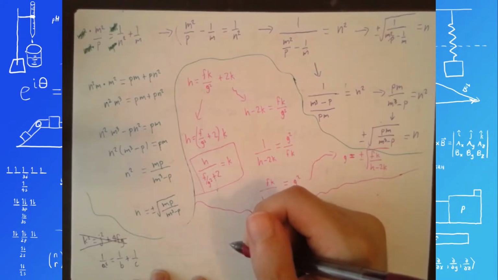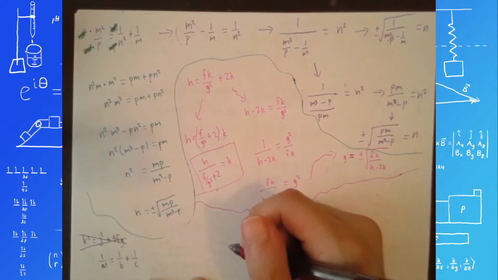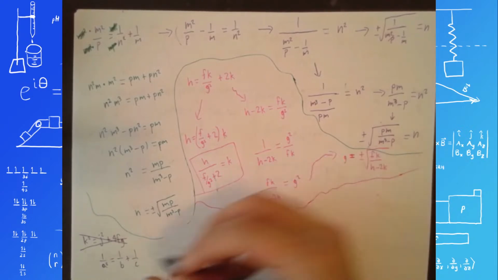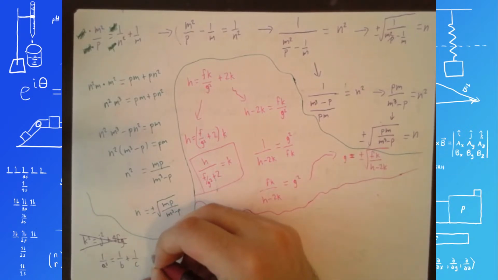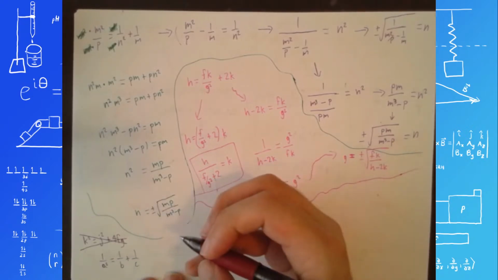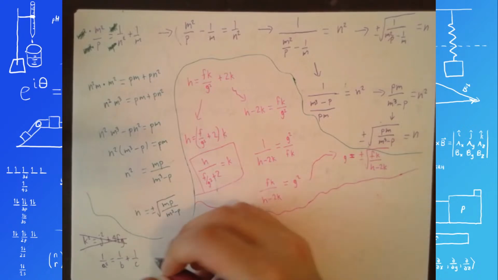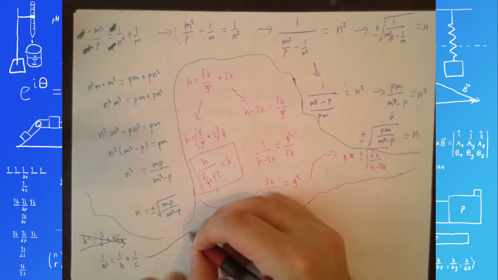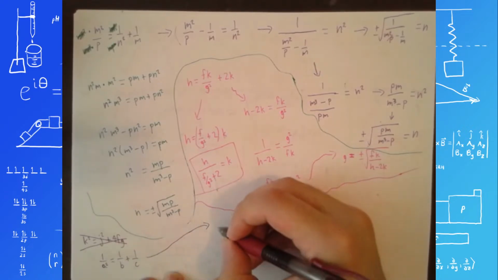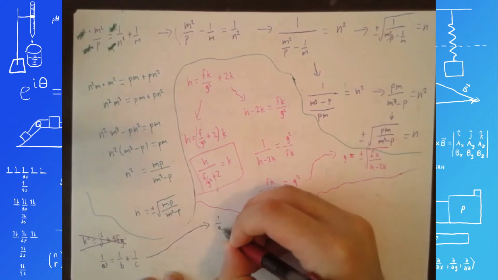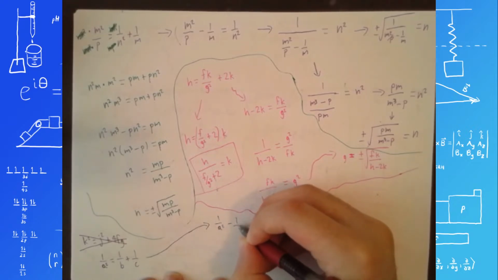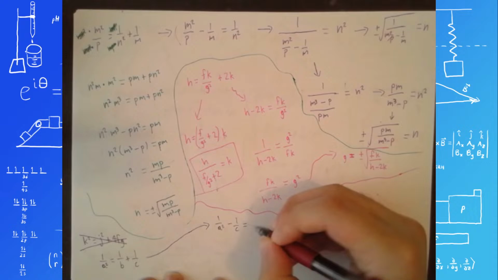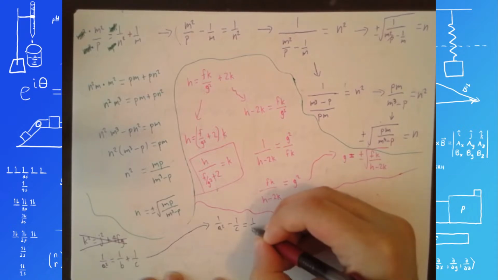If we are solving for b squared, then I guess we need to solve for b first. So I would subtract 1 over c. So let's start up here and write 1 over a squared minus 1 over c equals 1 over b.